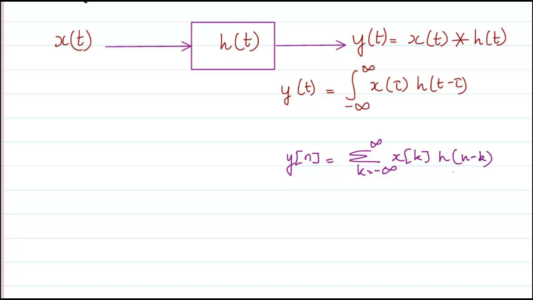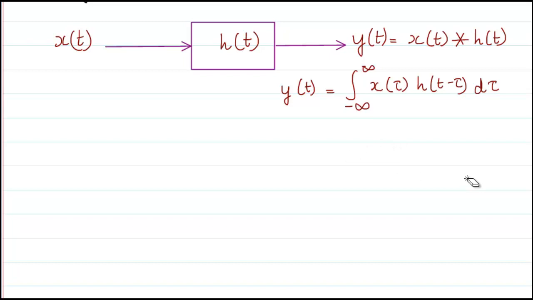It is almost similar, where instead of summation you have integration. Here the summation was over k, here it is with respect to tau, so I should write d tau. This is the only difference; otherwise it means one and the same thing, that you have to convolve x of t and h of t. Now we have to see a problem of how we carry out the convolution.